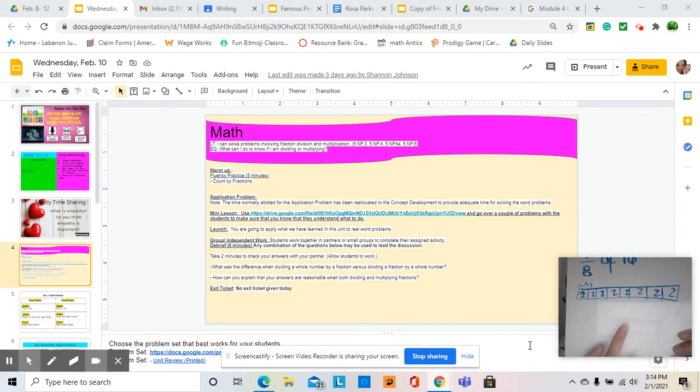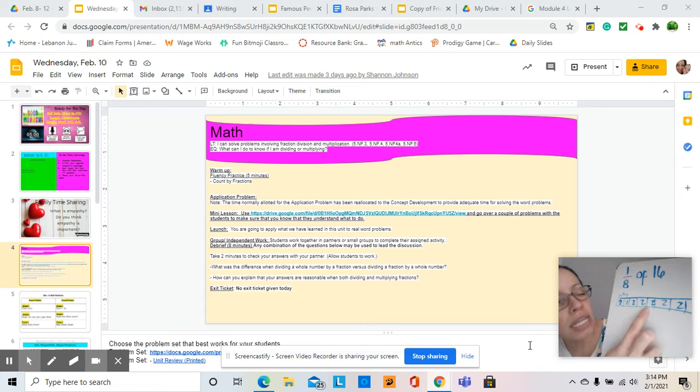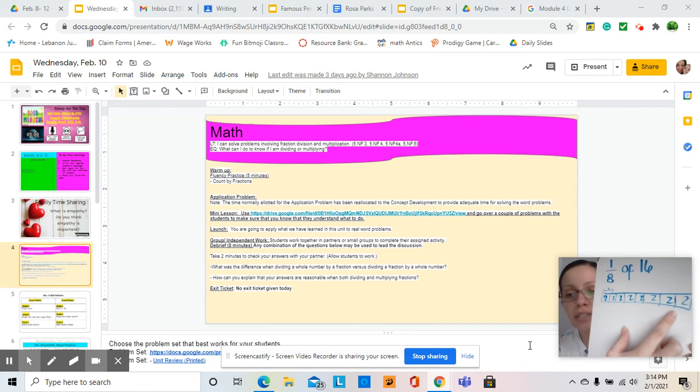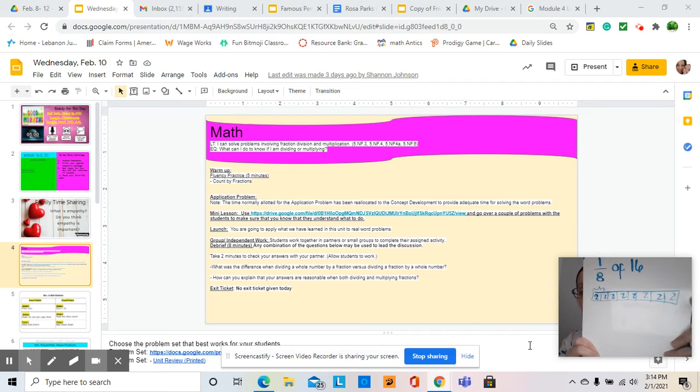So 2, 4, 6, 8, 10, 12, 14, and 16. So you have 16 there. And you're only looking at one group because that's what the number said at the top. So 1/8 of 16 is 2.